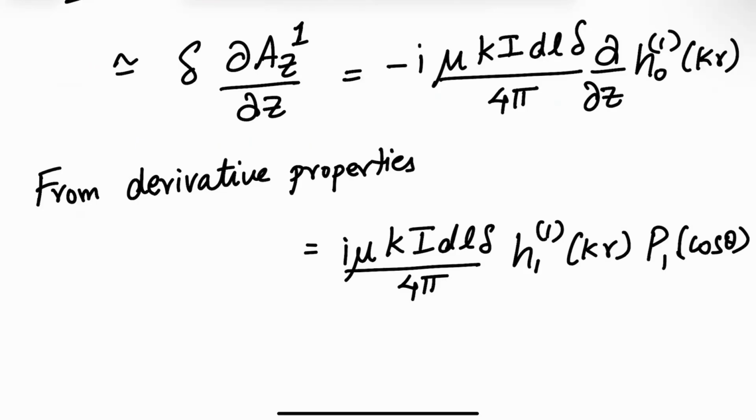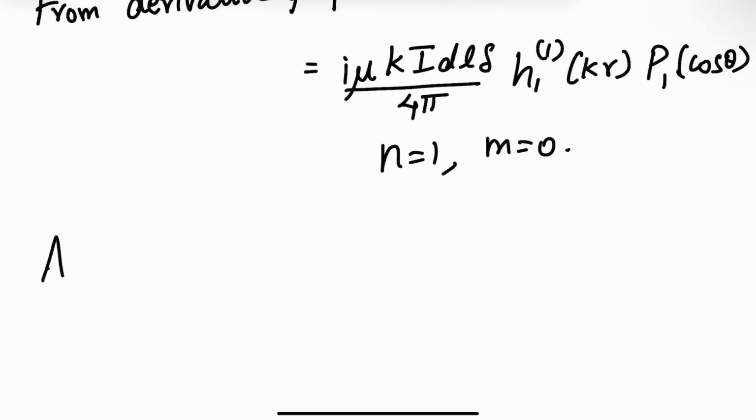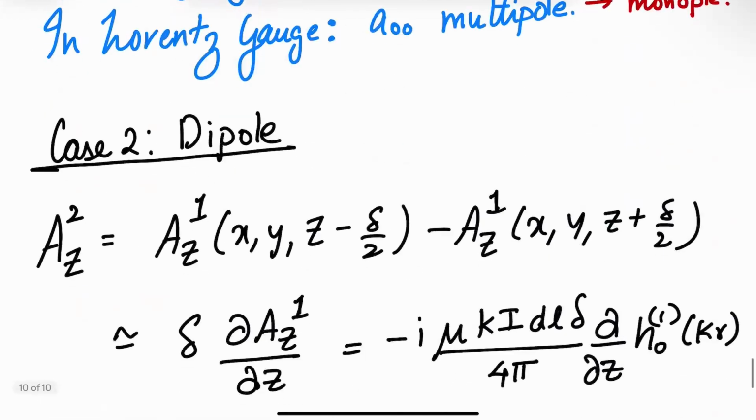Okay. So what does this mean? This means again, this is nothing but one of the spherical basis functions, right? So again, we get a nice basis function of a certain kind, right? Which one is it? Now this is n equal to 1 and m equal to 0. Okay, similarly, you can take the case for A2x. See, so now we are shifting in x, so this was shifted in z.